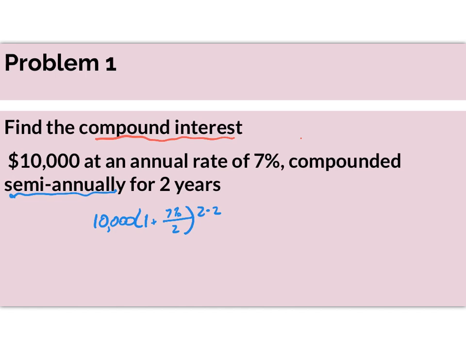So let's do this. 10,000, and that's a parenthesis. 1 plus 0.07 divided by 2 to the 4th power. 10,000. 0.07 divided by 2 is 0.035 to the 4th power.